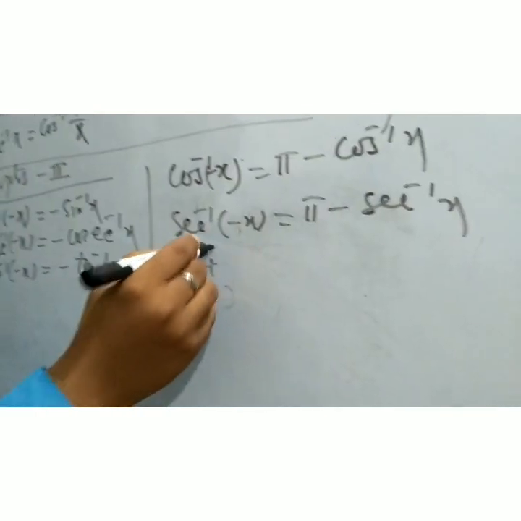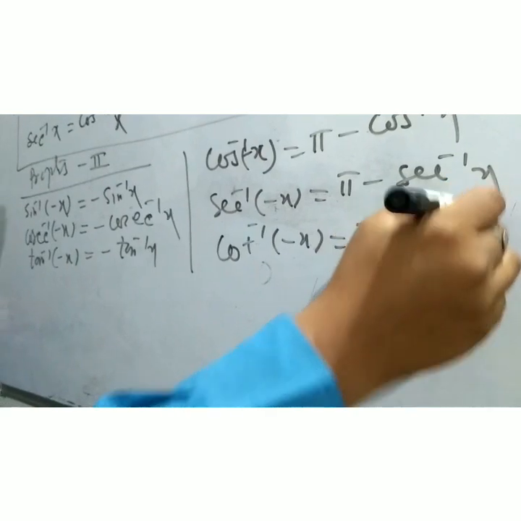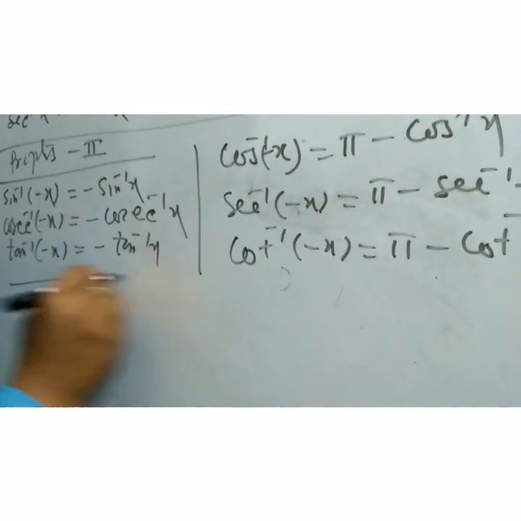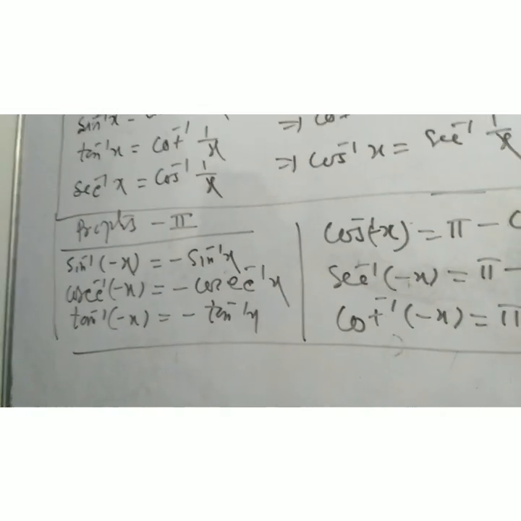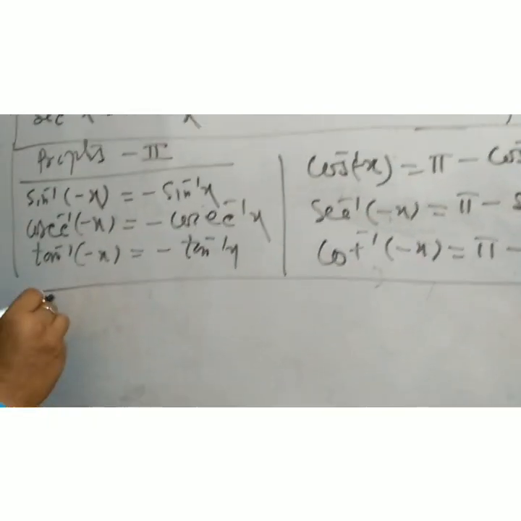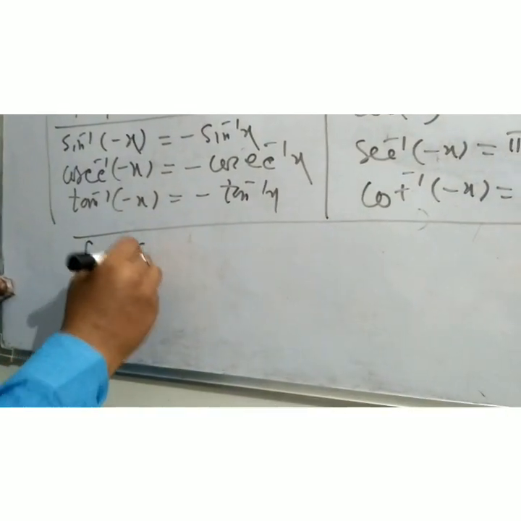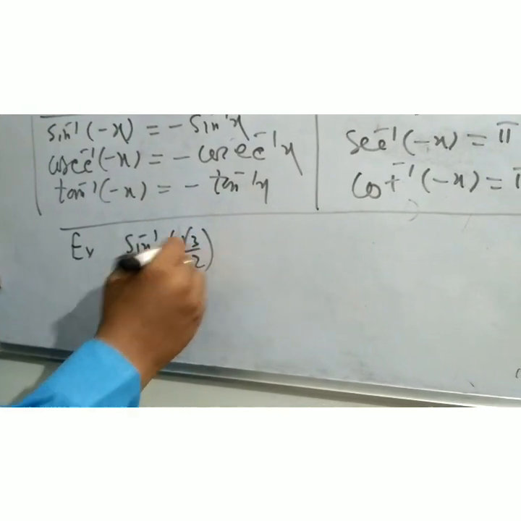Similarly, cot inverse of minus x is equal to pi minus cot inverse x. So now, using this property, I will find the principal value of inverse trigonometric functions. For example, I will take the value of sin inverse root 3 by 2.